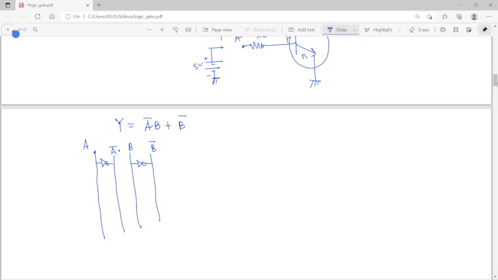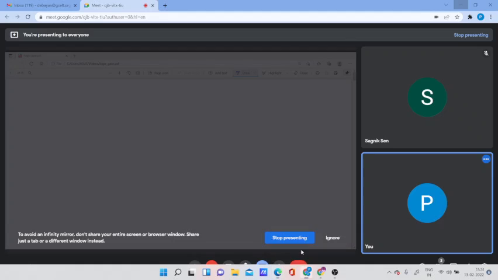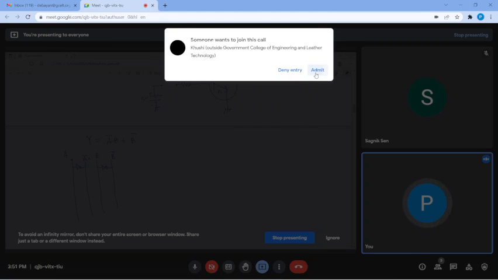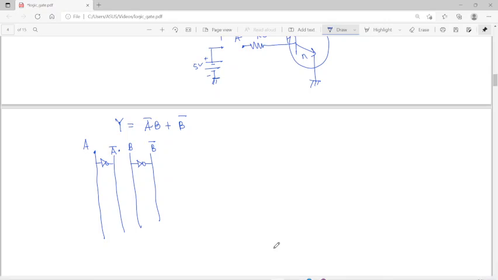Then see, A bar B. What is A bar B? That means I have to use an AND gate. Because in case of AND gate, output will give you AB, right?